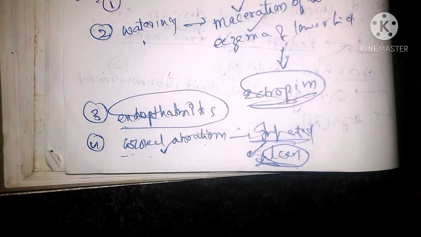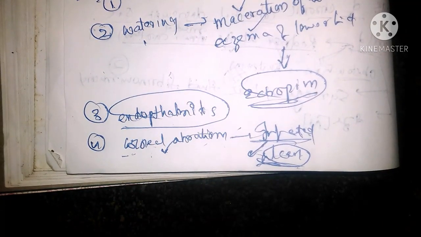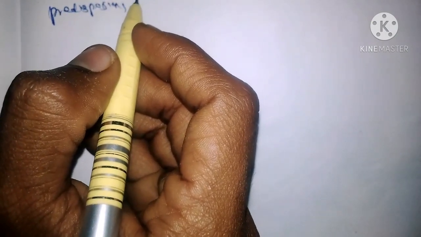Okay, and one important topic that I forgot to teach you is, there are some people who are predisposed to this chronic dacryocystitis. Predisposition, in whom we can expect this chronic dacryocystitis.